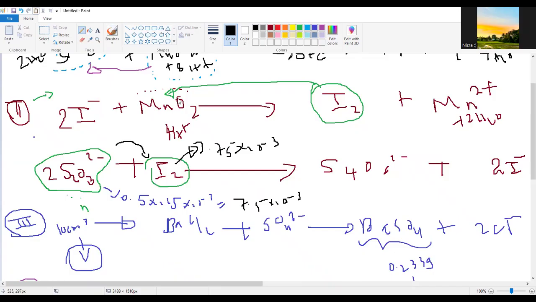In the second procedure, they are adding excess I minus to the solution and it was titrated against the sodium thiosulfate. Now in the second procedure, we considered that I minus is being oxidized to I2 using MnO2. But there is another possibility as well because there is Fe3 plus in that solution also, right?